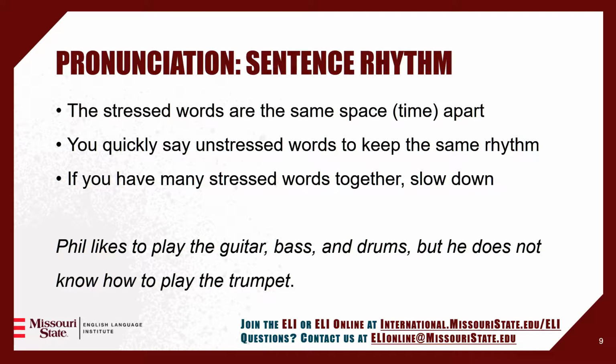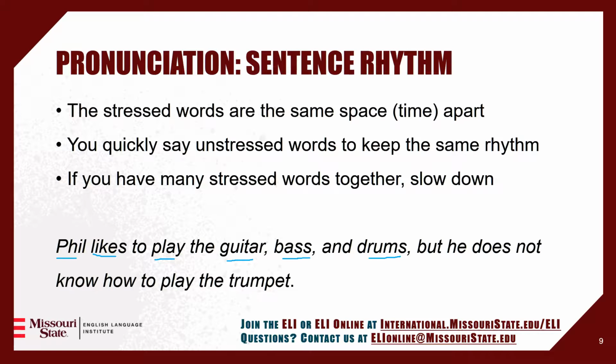Okay? In this sentence, Phil likes to play the guitar, bass, and drums, but he does not know how to play the trumpet. Okay? At the beginning of the sentence, we have two stressed words, then an unstressed, then stressed, unstressed, stressed, stressed, unstressed, stressed. Okay?